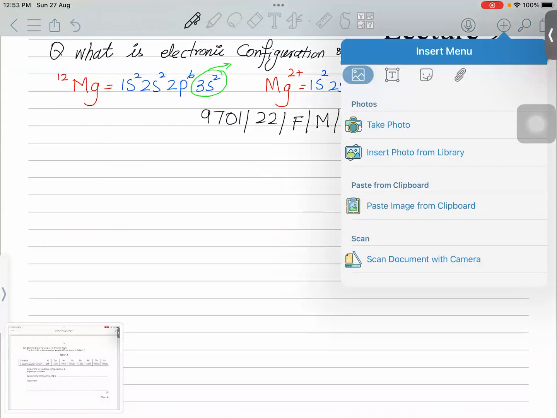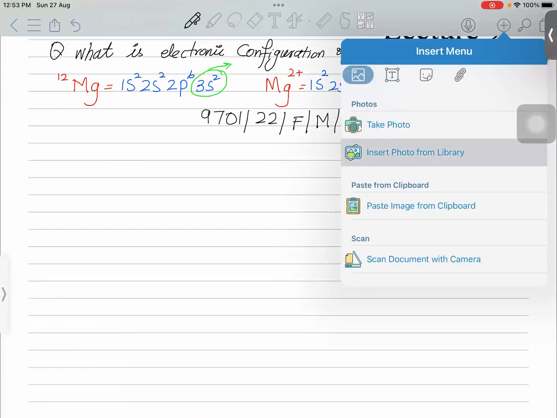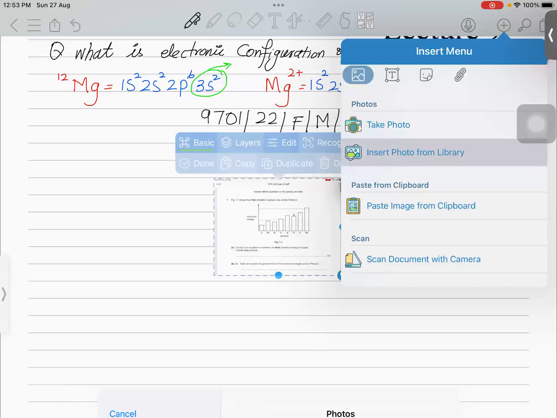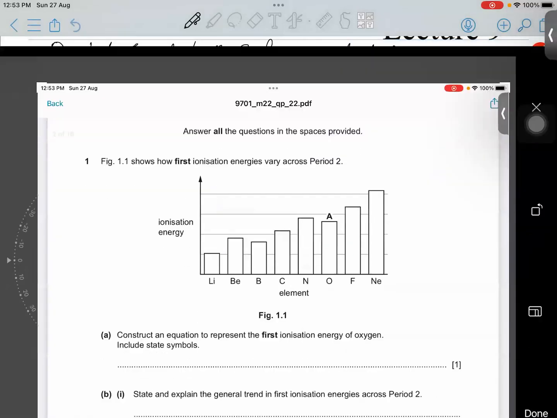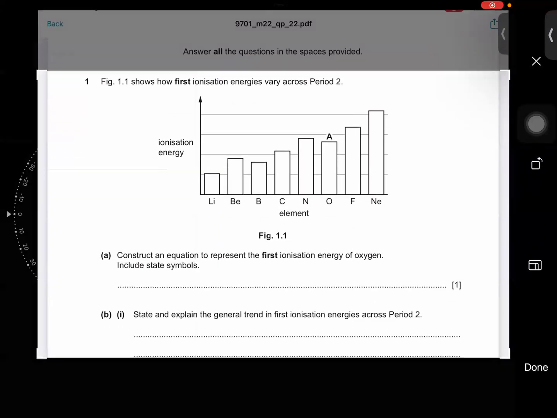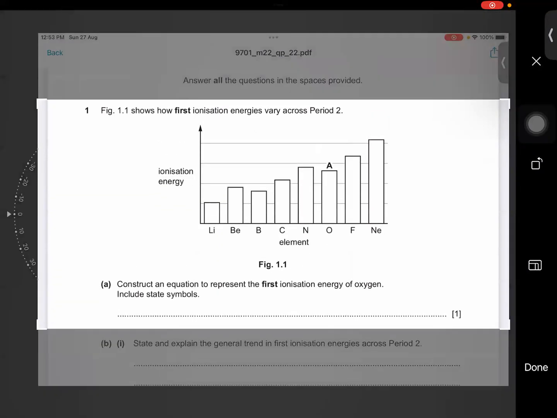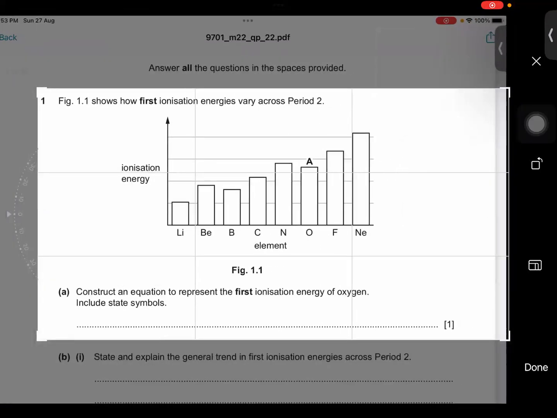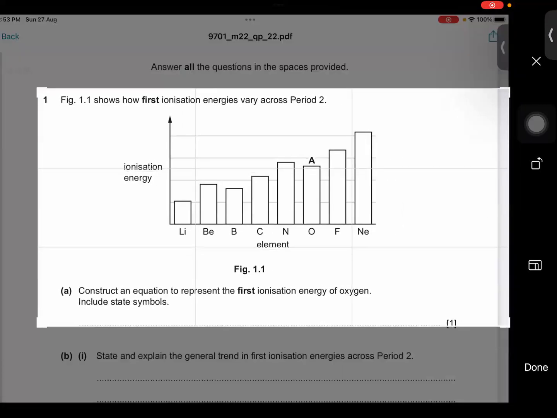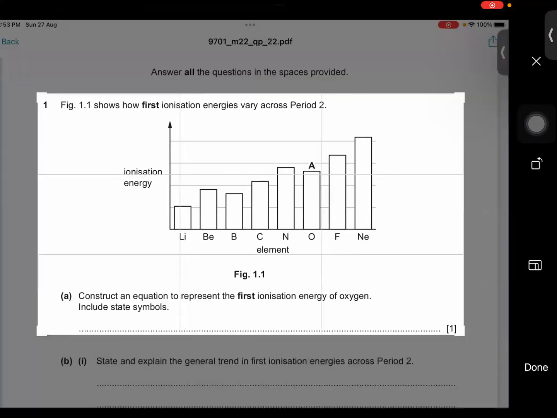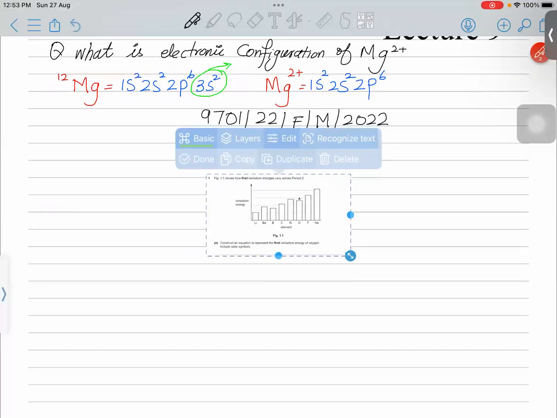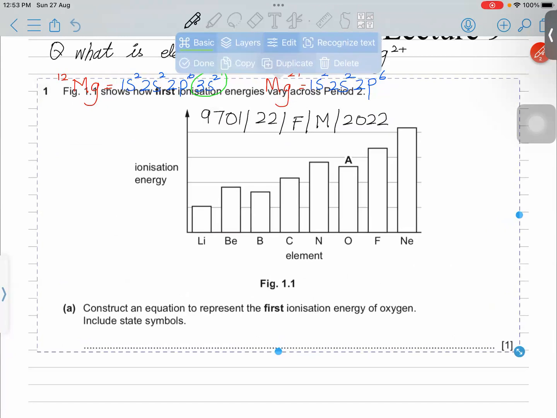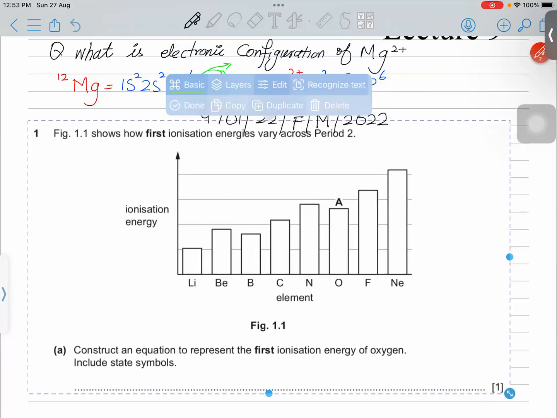Question number 1. This is the question.